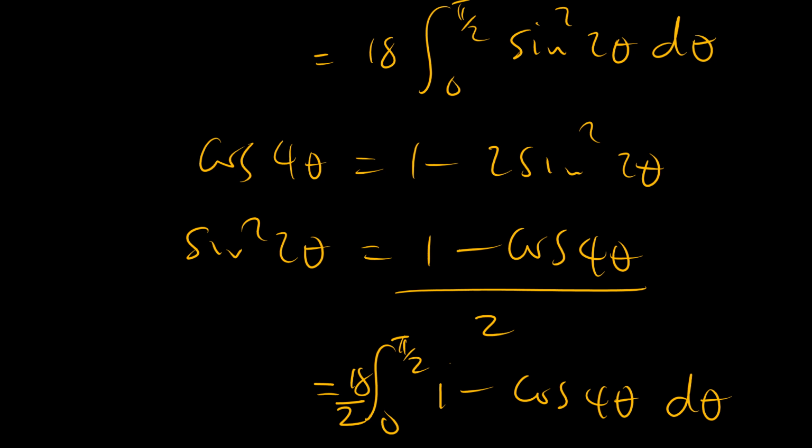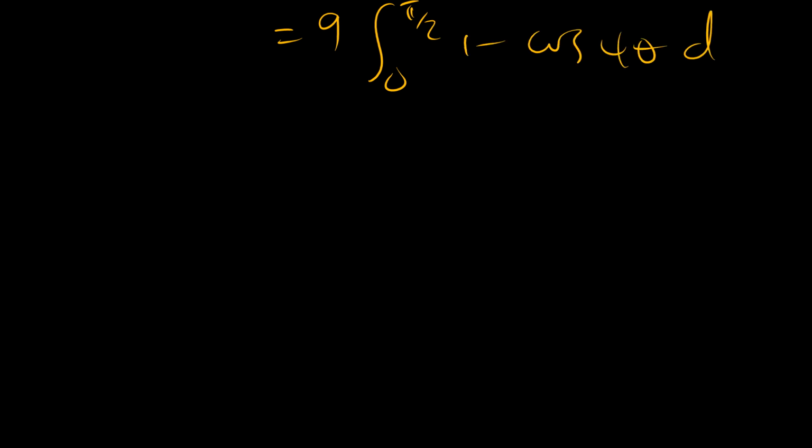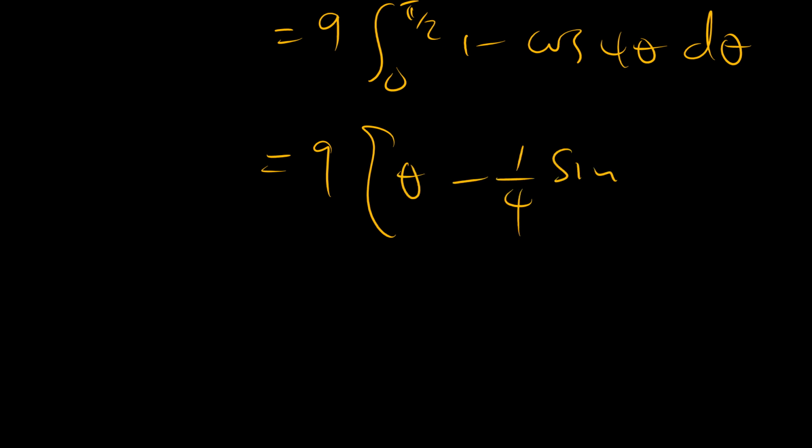Okay, and as we continue, since we do have a 9, the integral from 0 to pi over 2 of 1 minus cosine 4 theta, this becomes 9 times theta minus 1 over 4 sine 4 theta, from 0 to pi over 2.